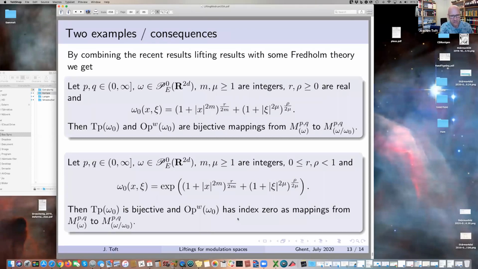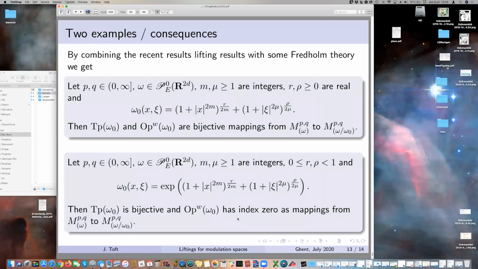So then it must have the index 0. I don't know how to explain this more, actually. So for sure this has the index 0. Okay, yes, it's true. Okay, thank you.